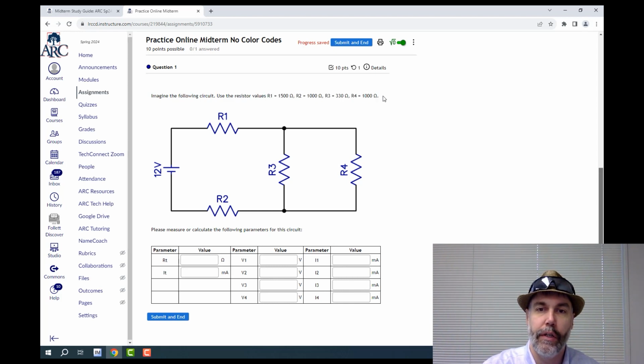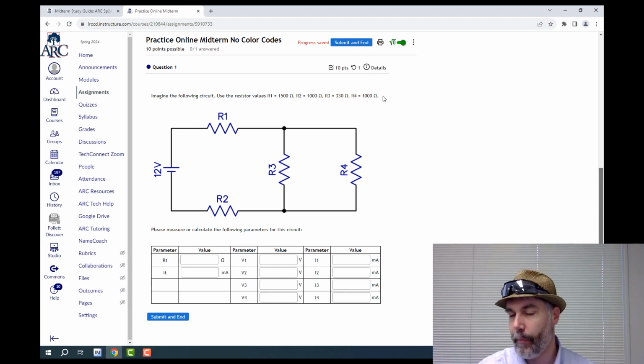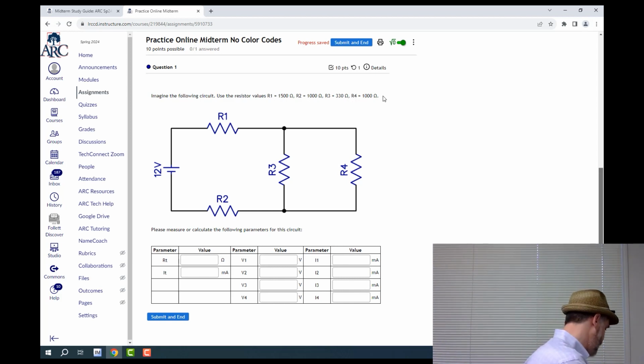I'm going to work through the math first, and then build the circuit on a breadboard and make the measurements to see how closely they match up with my math. Okay? So that's the plan.